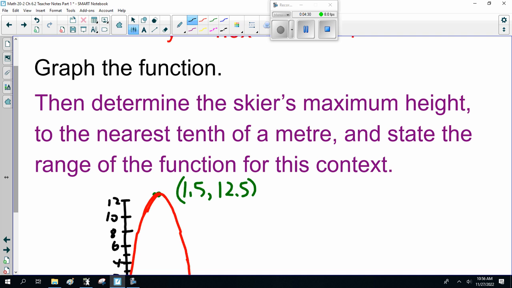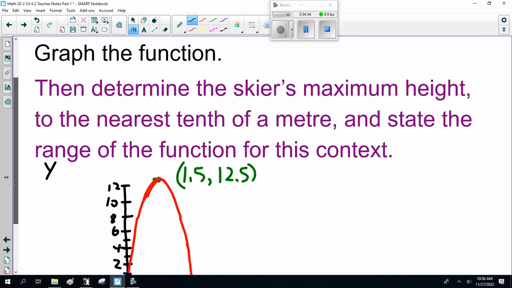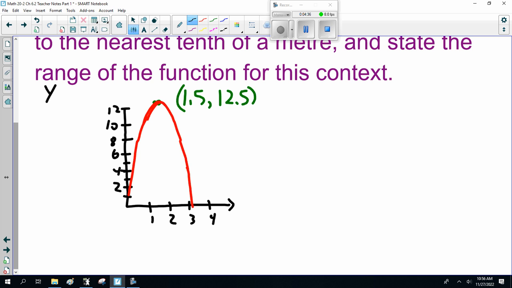Now, the one thing is the range. Now, that's the y values. So, remember, you would stop when height is 0. Oh, sorry, range is y values, I'm sorry.